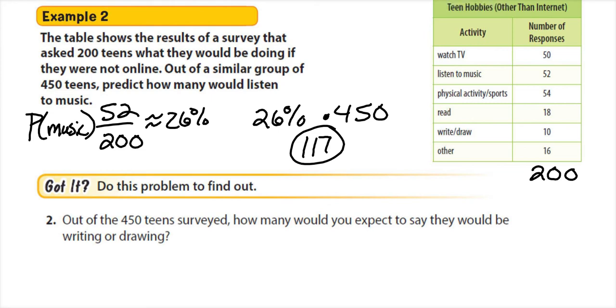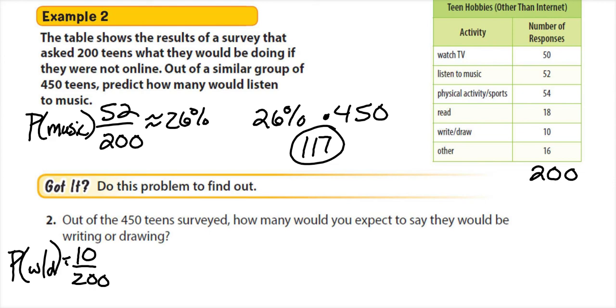Okay. So out of 450 teens surveyed, how many would you expect to say they would be writing or drawing? So let's see, we got writing or drawing. There's 10. So that'll be 10 out of 200. I'll just put W/D. Okay, so 10 out of 200. And let's go ahead and find the percent of that. So what is 10 out of 200?